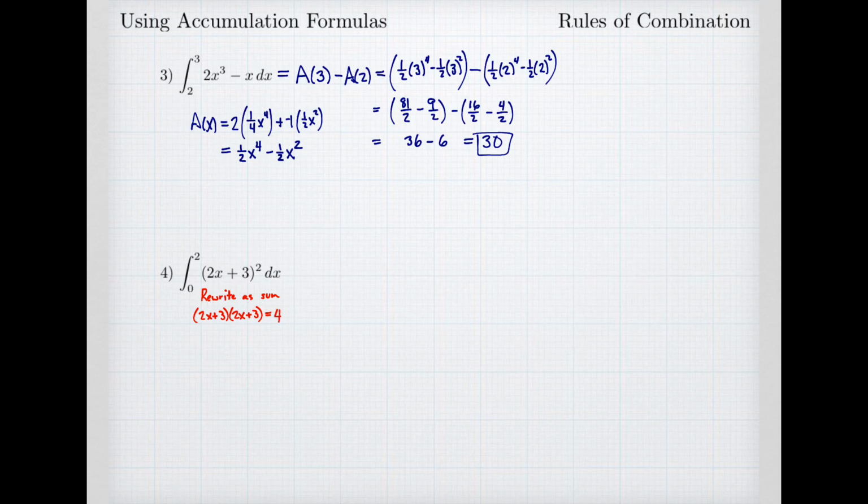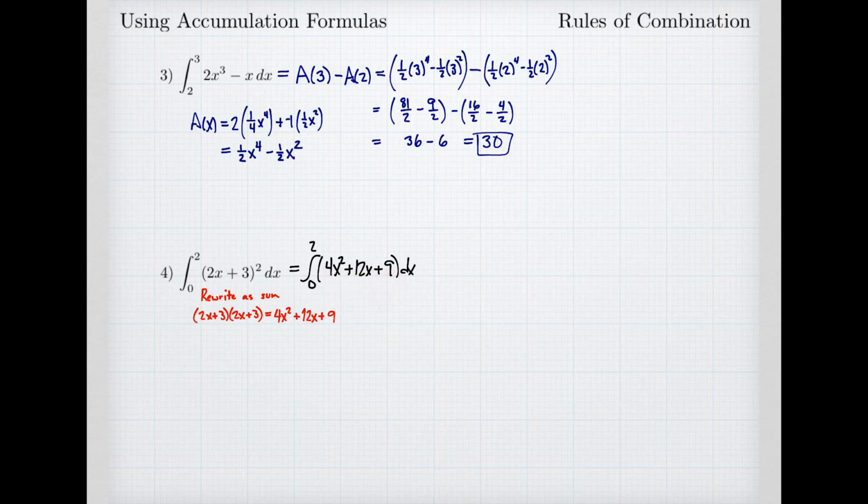2x times 2x is 4x squared. I can do my outer terms. I get plus 6x, and another 6x gives me plus 12x. And 3 times 3 is 9. And we've now found that we can rewrite our integral from 0 to 2 of 4x squared plus 12x plus 9 dx.